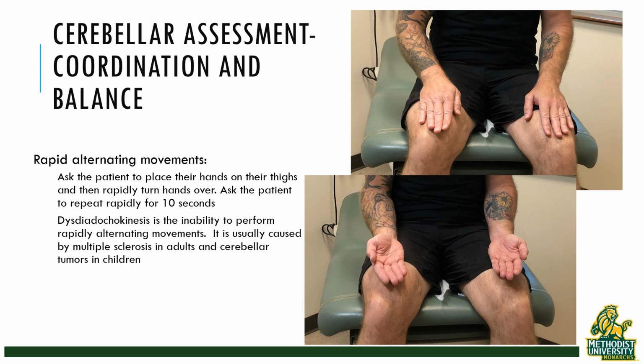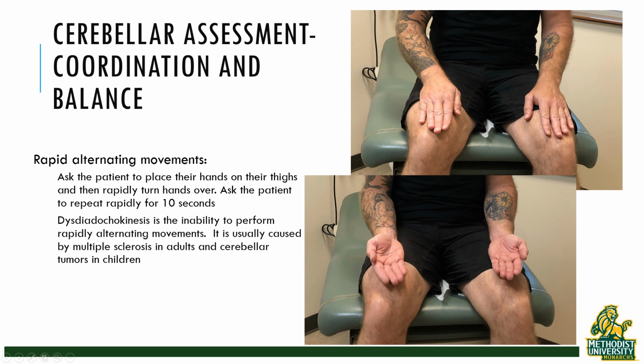The inability to perform rapid alternating movements is called dysdiadochokinesis. It is a finding we sometimes see in adults with multiple sclerosis affecting cerebellar white matter. In children, when this happens, worry about a cerebellar tumor.